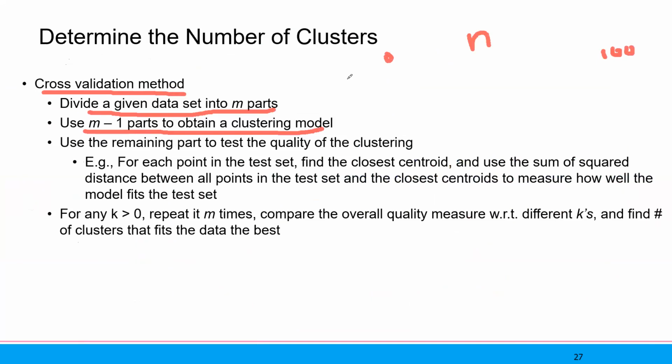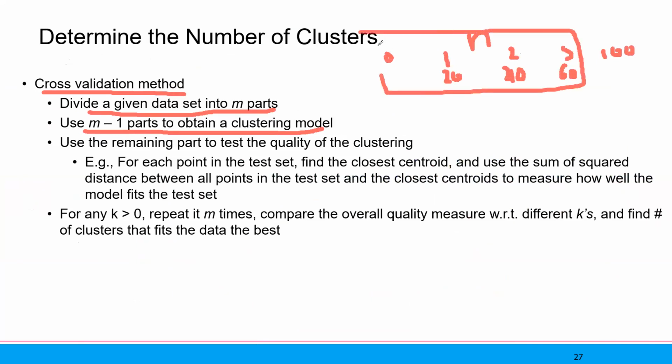So I split into m, maybe into 5. From 0 until 20 is the first part. From 20 until 40 is the second part. From 40 until 60 is the third part. So we will use m minus 1 parts to obtain the clustering model. Maybe we use this data for creating the clustering. And then the remaining part, we will use it to test the quality. So the remaining part, we will use it for testing.